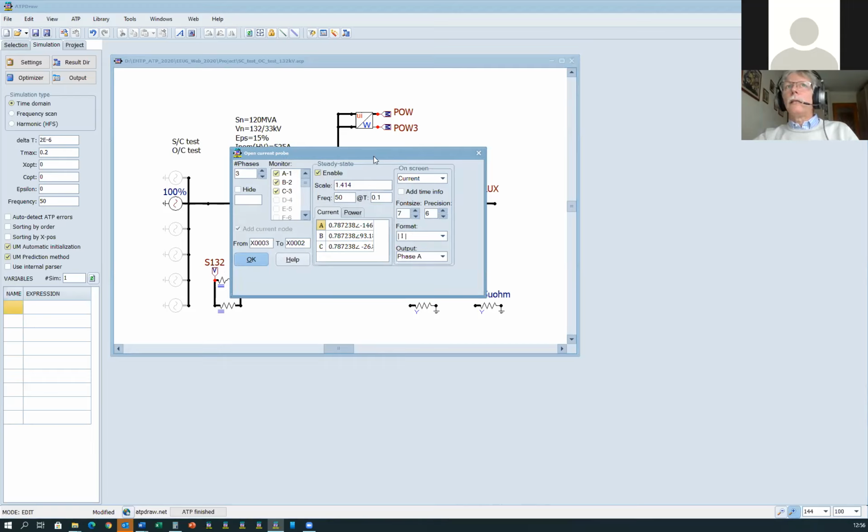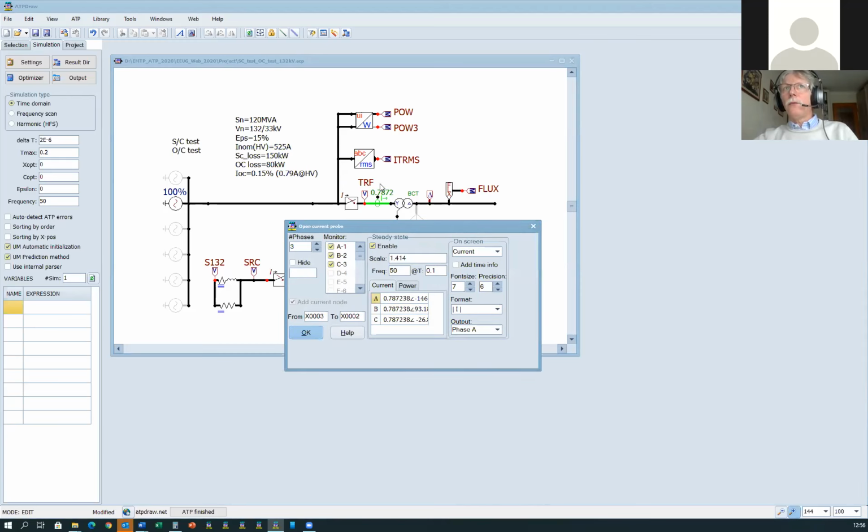Some scaling is needed to get it in RMS value, but it is very important not to use 0 here, because if you use 0, this steady state screen display will show you only the steady state initial condition values calculated by ATP.